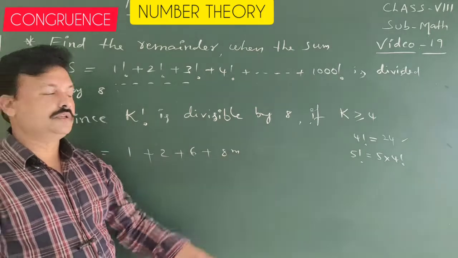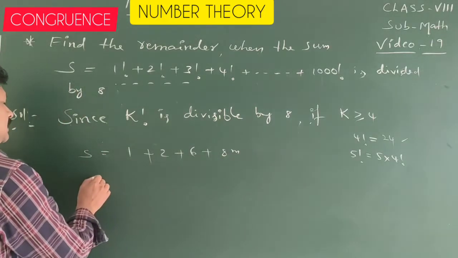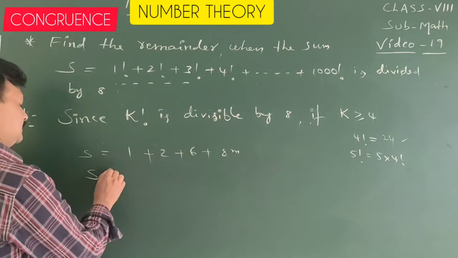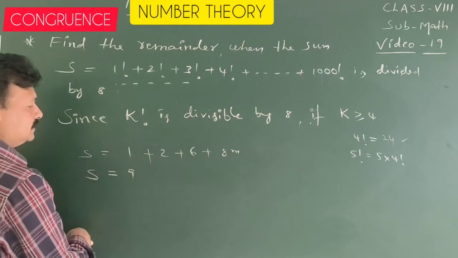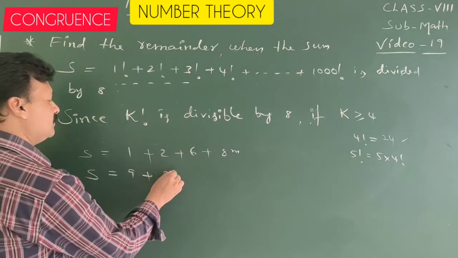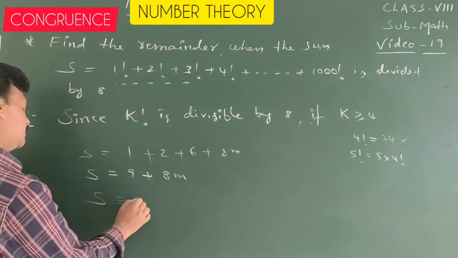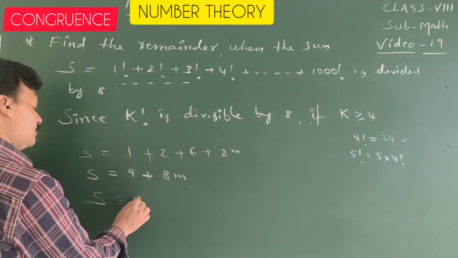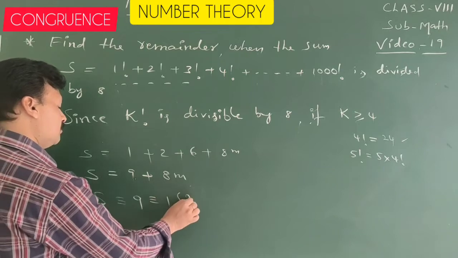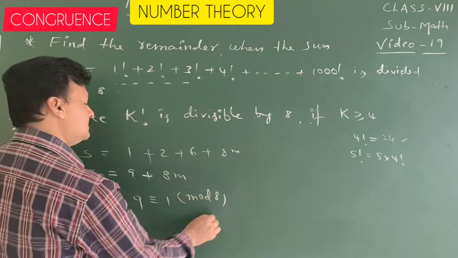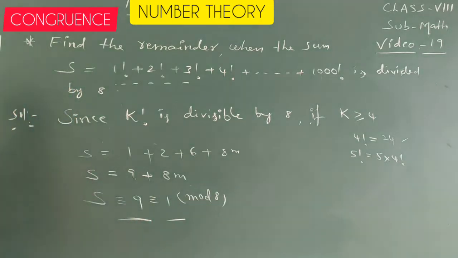So no need for those. So here S equals 9 plus a multiple of 8. So S is congruent to 9, which is congruent to 1 to the mod 8. So the remainder is 1.